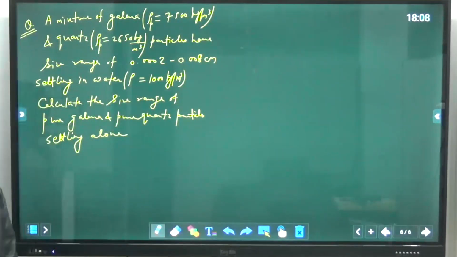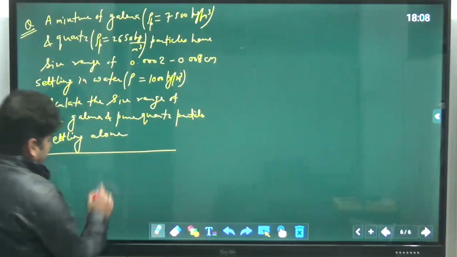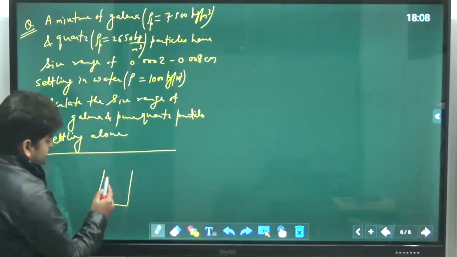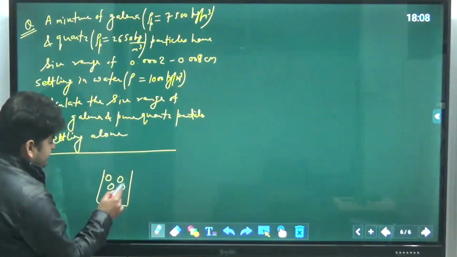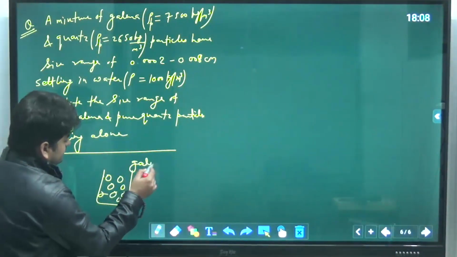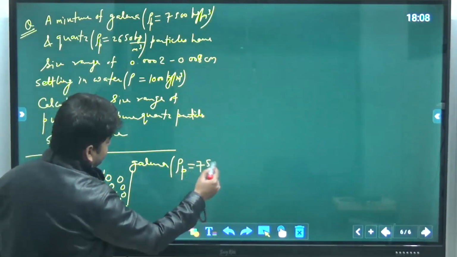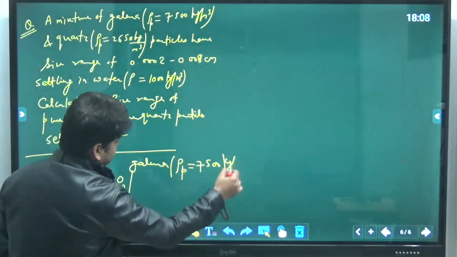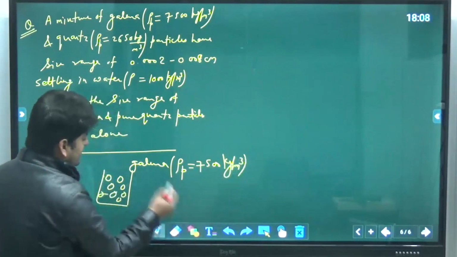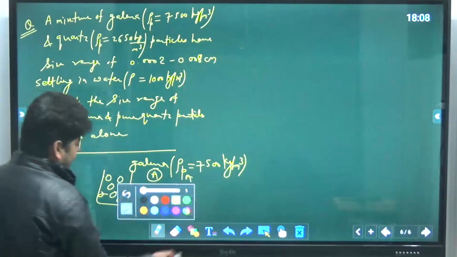Now let's try to solve this. Okay. See, I have a mixture in which I have galena particles. Density of these particles is 7500 kg per cubic meter. Suppose this is A. Okay.